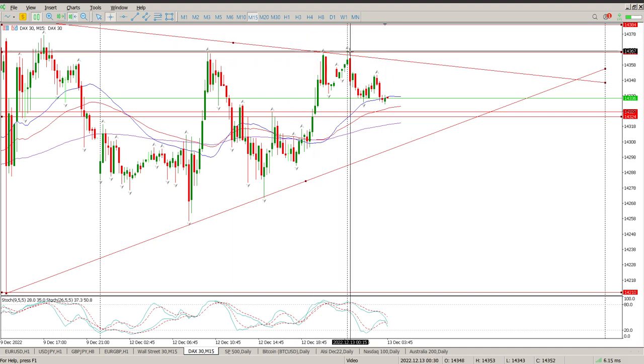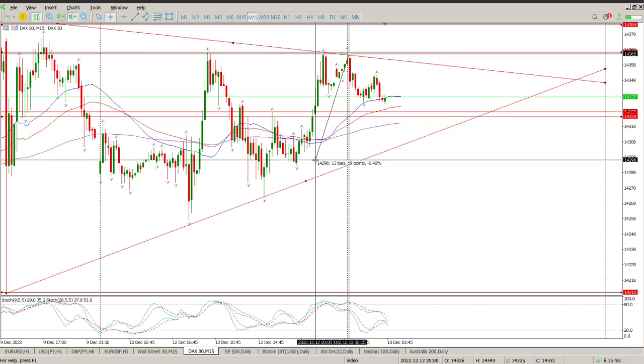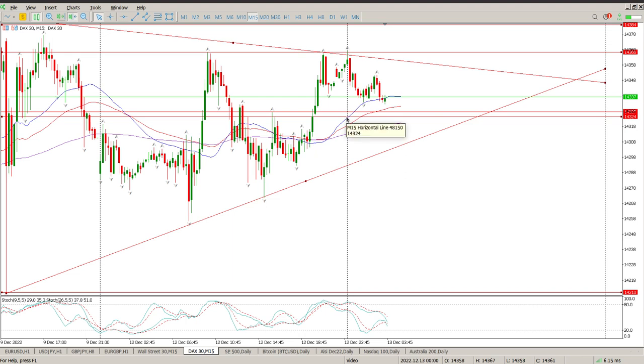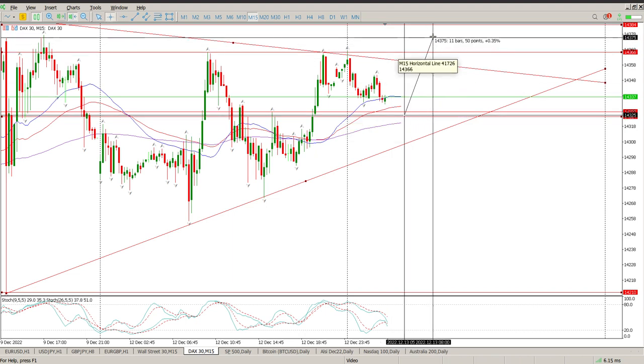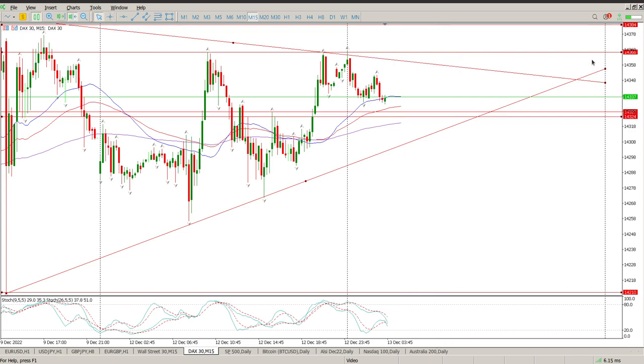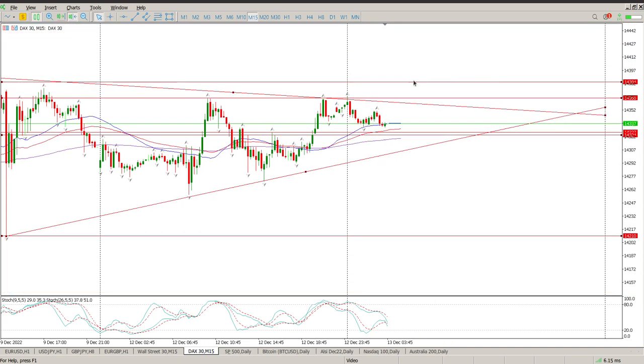And then what you're looking at, it's not that big. That'll be a 69-point move from here. So your target's going to be up to 14,384.